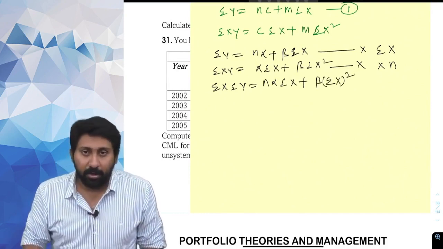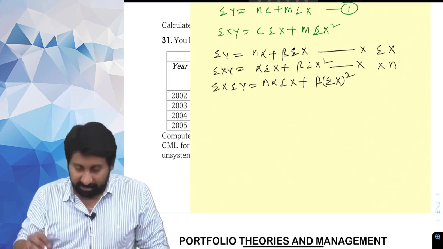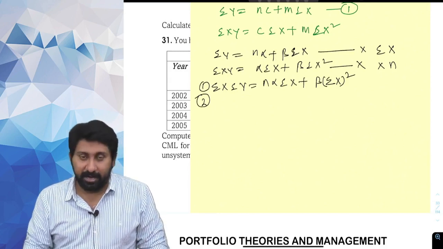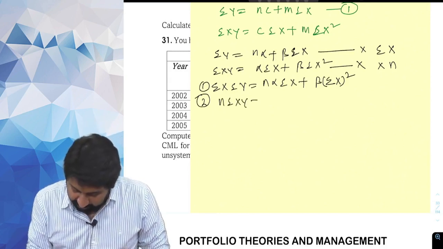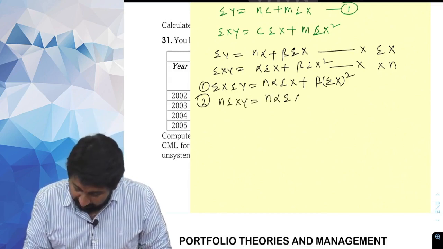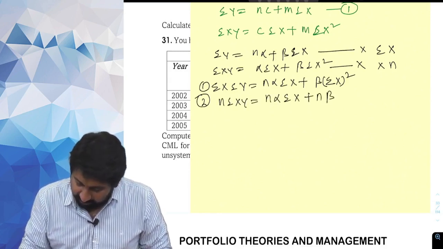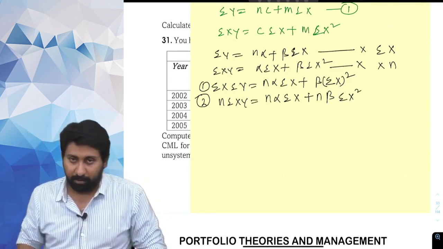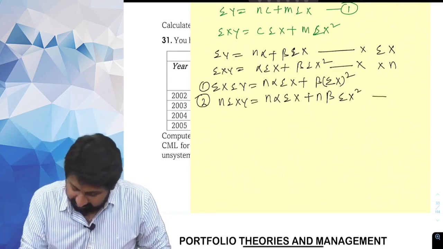Next, multiply the second equation with n: n sigma xy equals n alpha sigma x plus n beta sigma x square. This is 2, and this is 1.